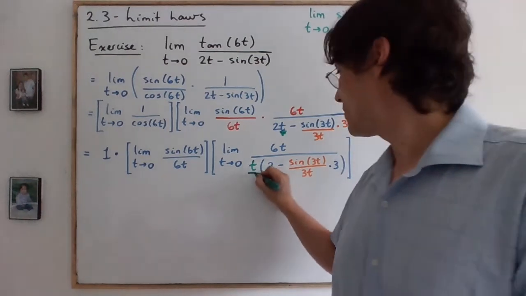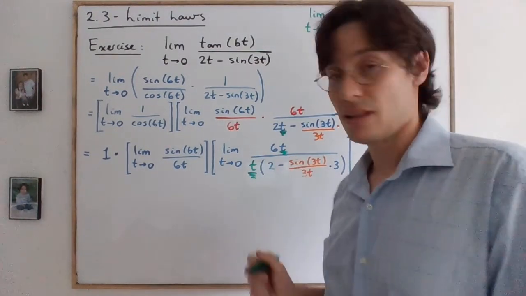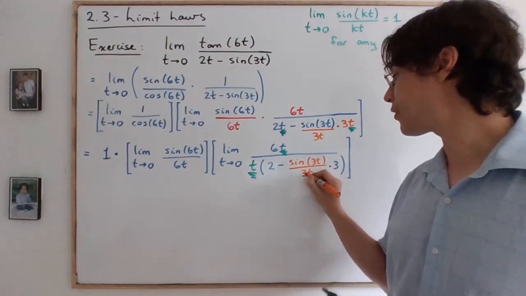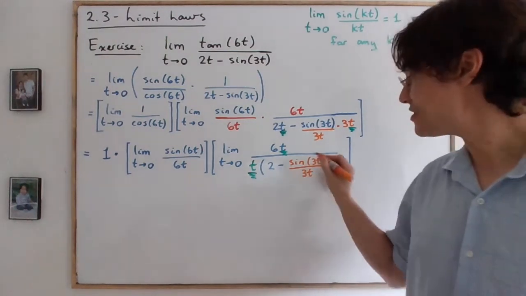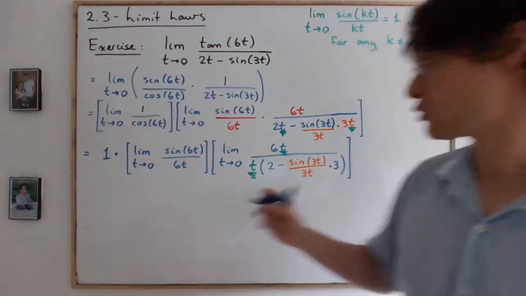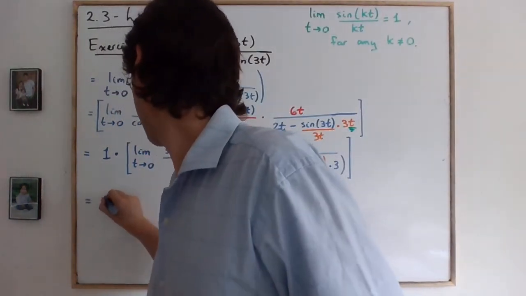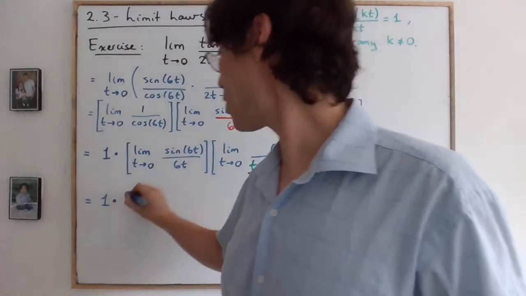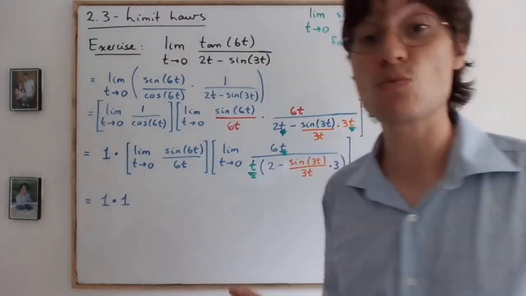Now, the t's here cancel. And after their cancellation, again, we don't have anymore an indeterminate form because we know that this is approaching 1. So, as a result, what do we have? We have 1 times, so this is this one over here. This whole thing is approaching 1 as well.